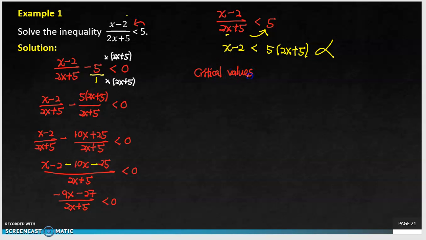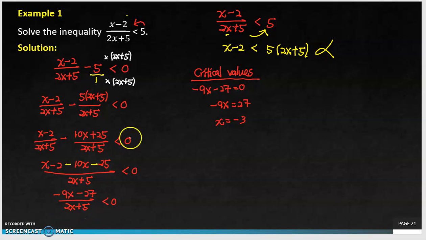How are we going to find the critical value? By letting the numerator and denominator equal 0. Negative 9x minus 27 equals 0, negative 9x equals 27, x will equal negative 3.